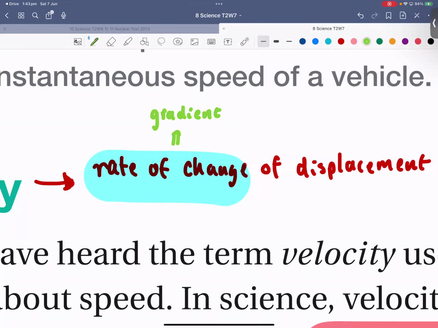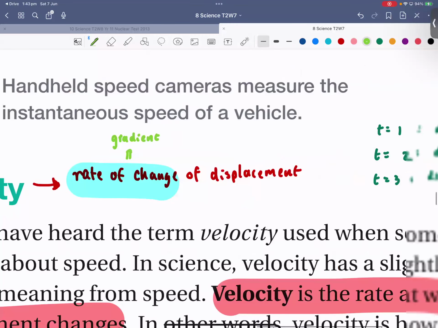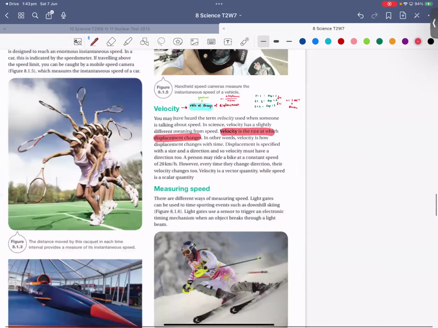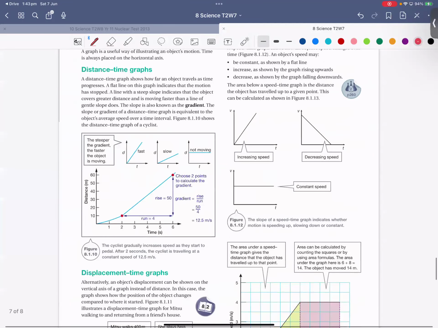Rise over run, change in y over change in x. Hence, velocity is basically change in displacement divided by change in time. Given a graph of displacement against time, its gradient will represent velocity. We will do graph analysis after this.